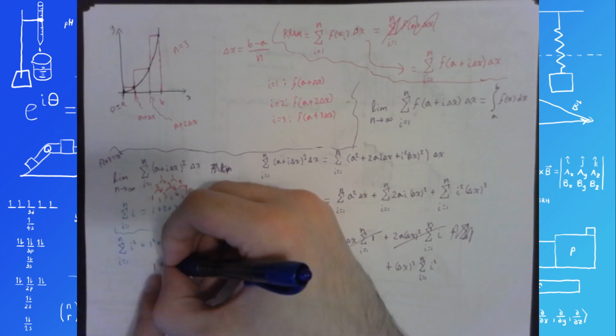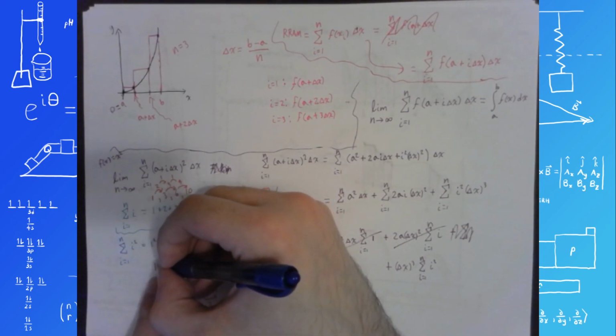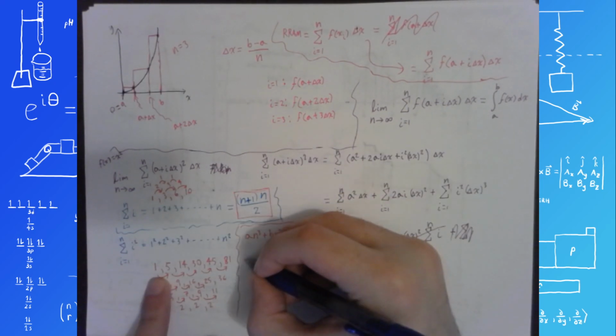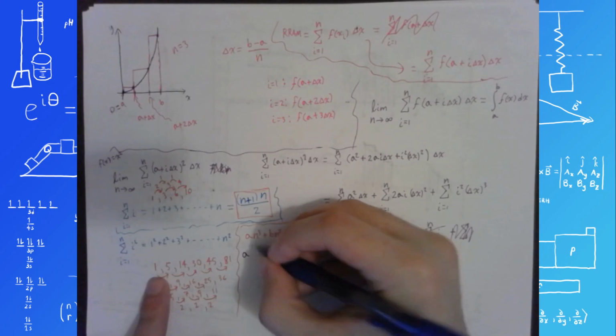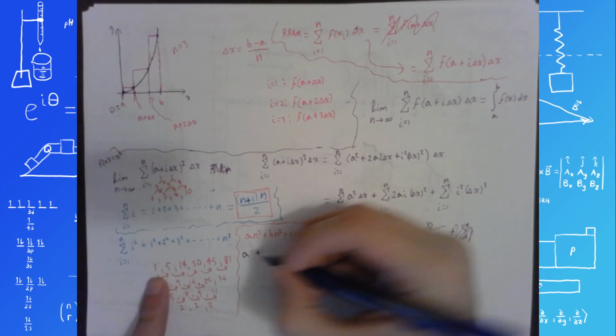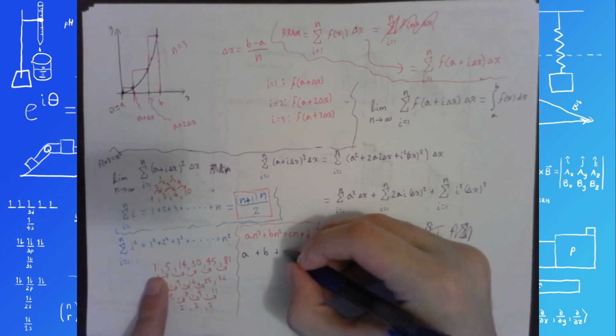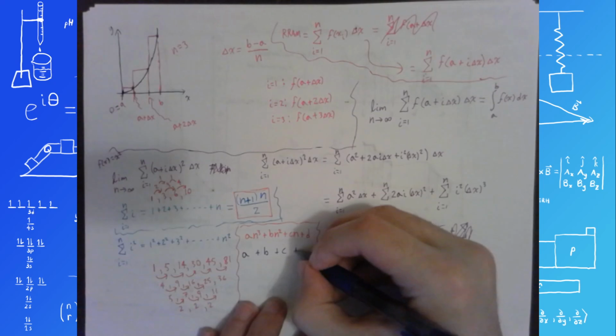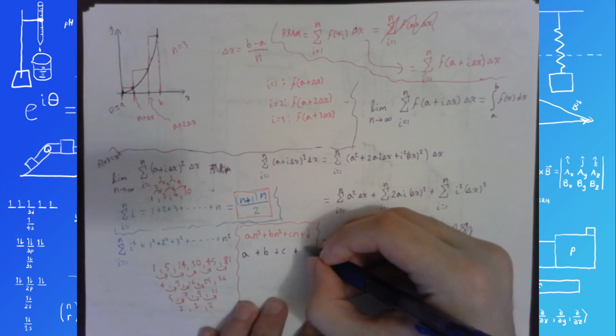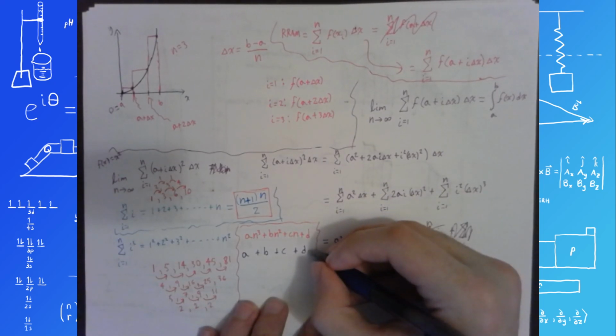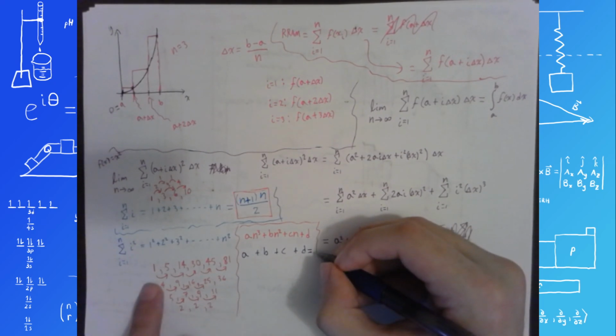So when we have n equals 1, we get a sum of 1. So a times 1 cubed plus b times 1 squared plus c times 1 plus d is equal to 1.